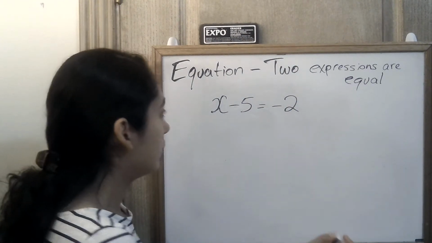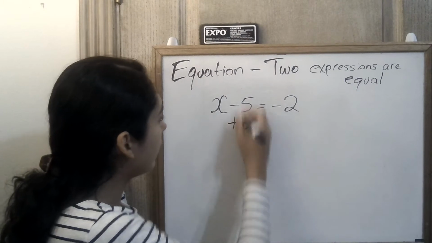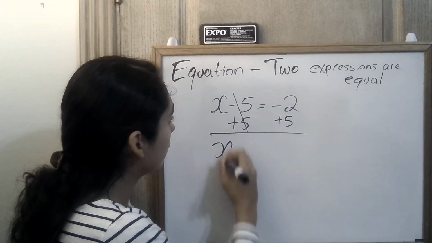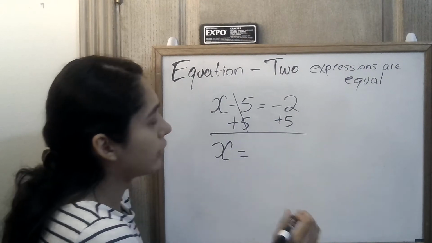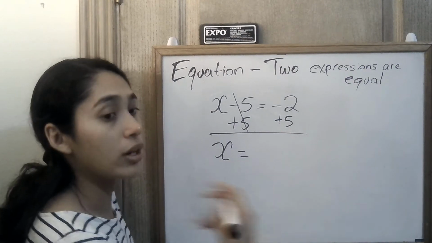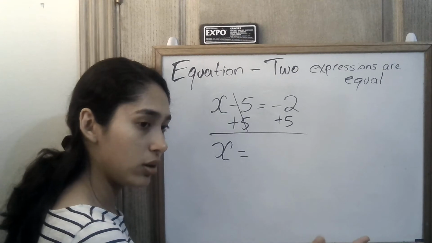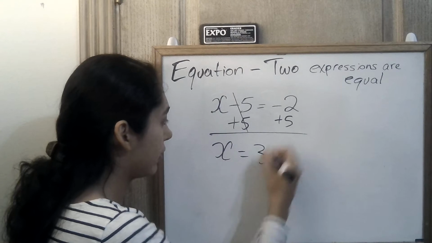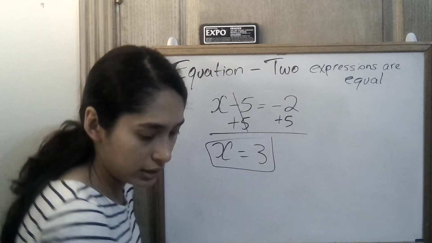Great. Very straightforward. Add the 5, cancel that one out. Add the 5 over here. -2 plus 5. 5 is bigger, so our sum would end up being a positive number, which is going to be a positive 3. Ta-da!